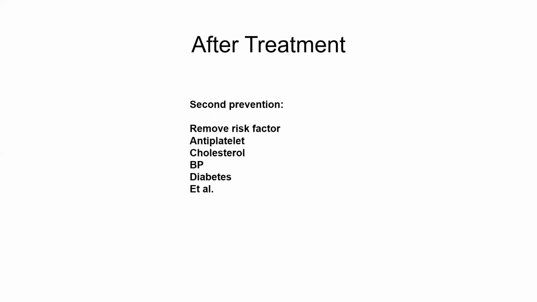And also give the patient antiplatelet treatment and control blood cholesterol, blood pressure, and diabetes, and give medication based on the patient's other conditions, as well as other basic diseases.